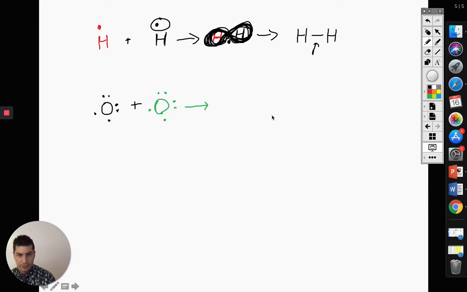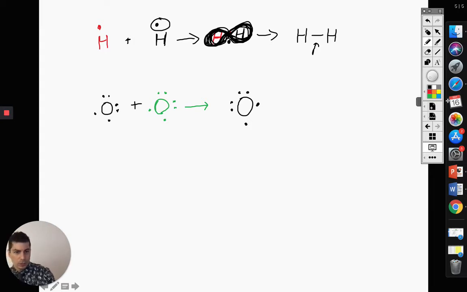I'm going to move things around a little bit. I'm going to put the single electron here. Keep our double ones here. I'll just throw a single one there. So we have here a bonding area, and down at the bottom a bonding area.